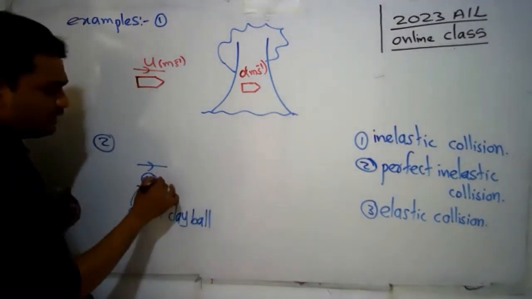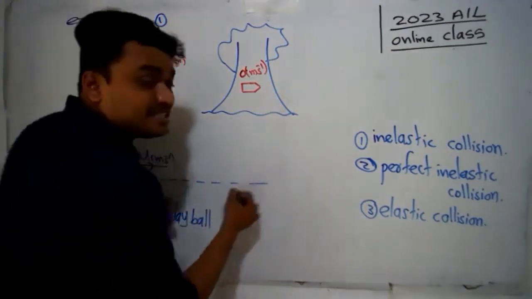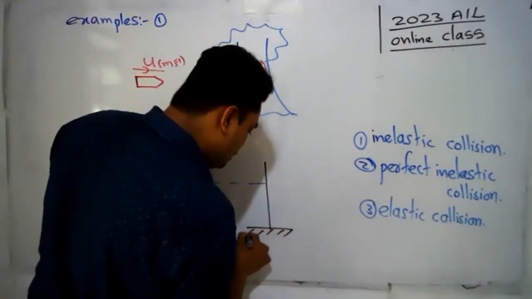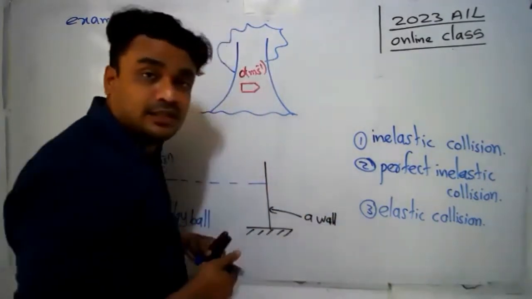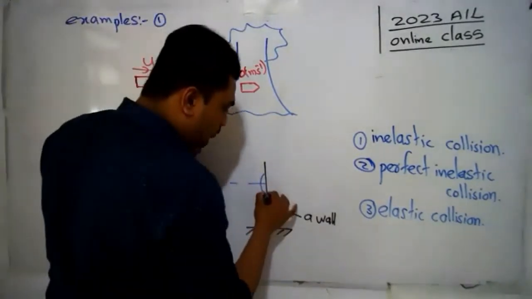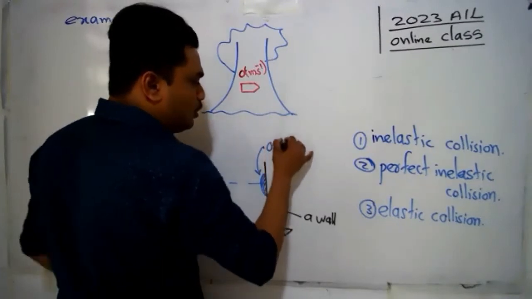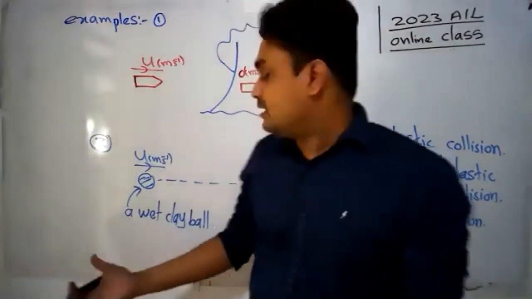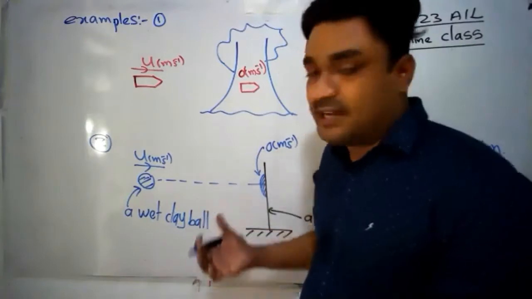If you throw a wet clay ball towards a stationary wall, what will happen? The wet clay ball hits the wall, it pastes on the wall and comes to rest. So finally, the wall and the wet clay ball both are at rest. So kinetic energy is completely wasted. There is no more kinetic energy and objects are at rest. So it is a perfect inelastic collision.